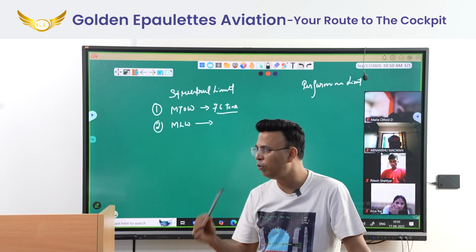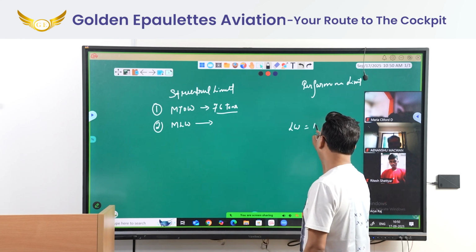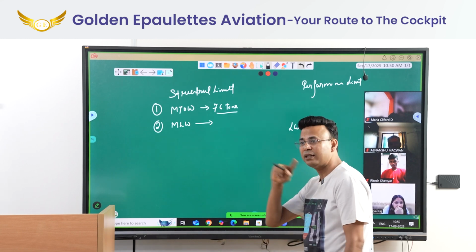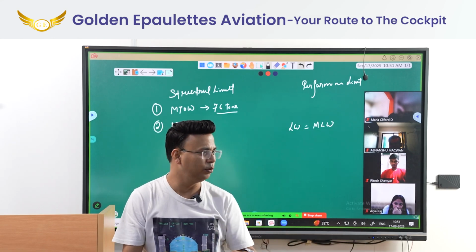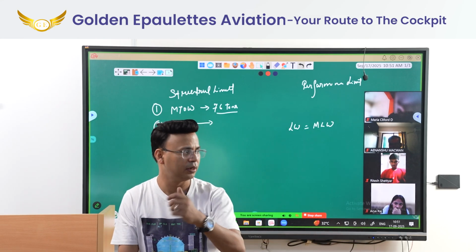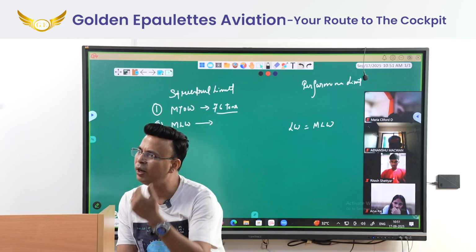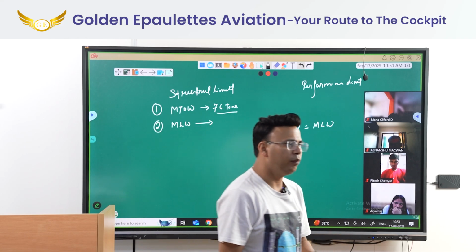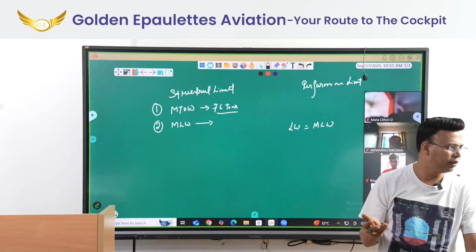Actual landing weight. So always remember there is a difference between landing weight and MLW, max allowed landing weight. In some questions you might get confused. If they give you the landing weight, you do not consider it the max allowed landing weight. These are two different things. It may be the case that the actual weight is the same as the max landing weight. In some cases it could be, right?